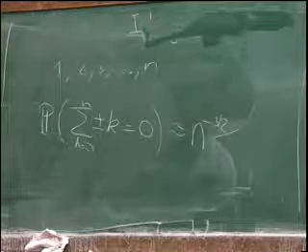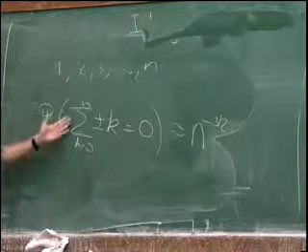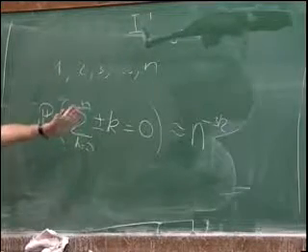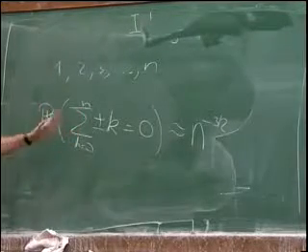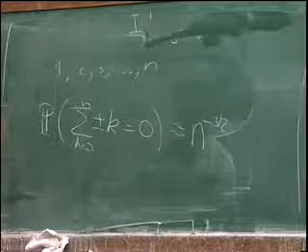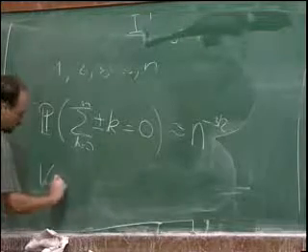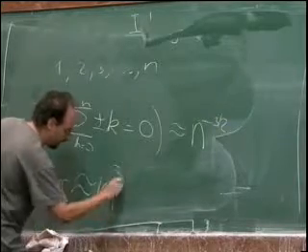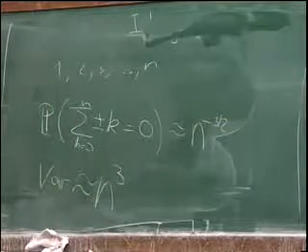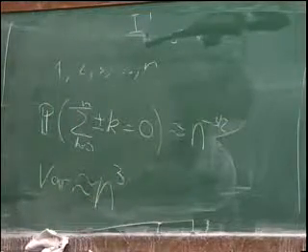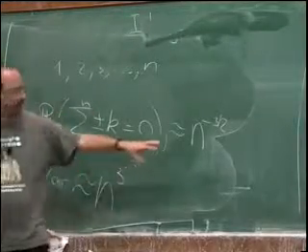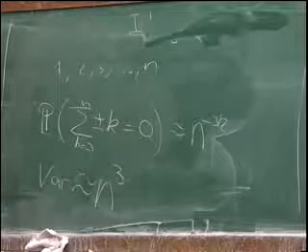Heuristically, this is clear. Why should it be so? Well, what's the variance of this variable? The variance is just the sum of variances, which is the sum of k squared, which is approximately k to the third. So the variance is approximately n to the 3. So it's natural to assume that if the variance is n to the 3, then the probability of every singleton would be approximately n to the minus 3/2.